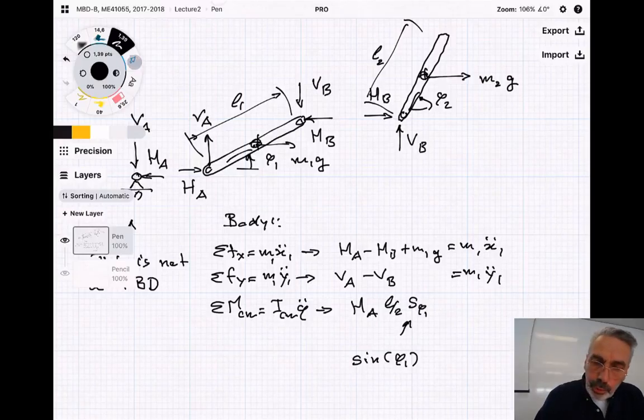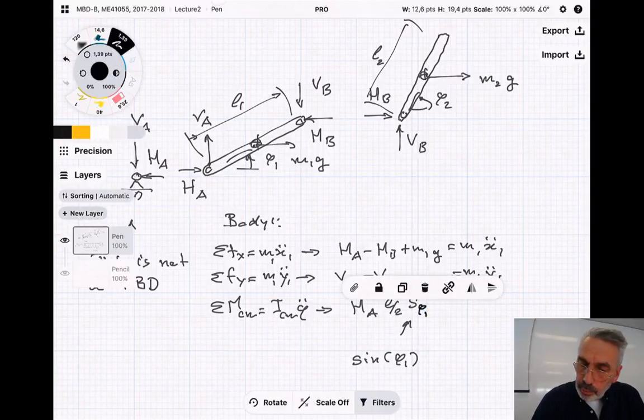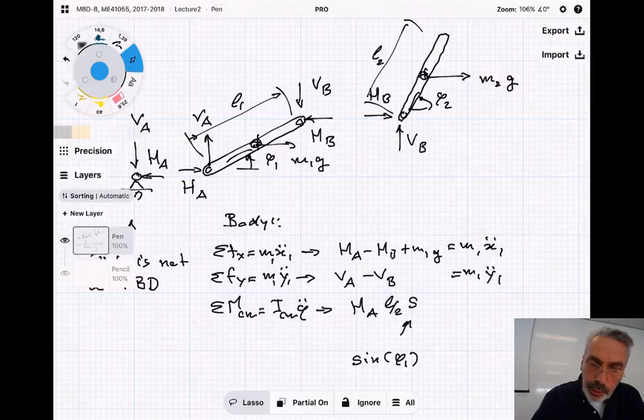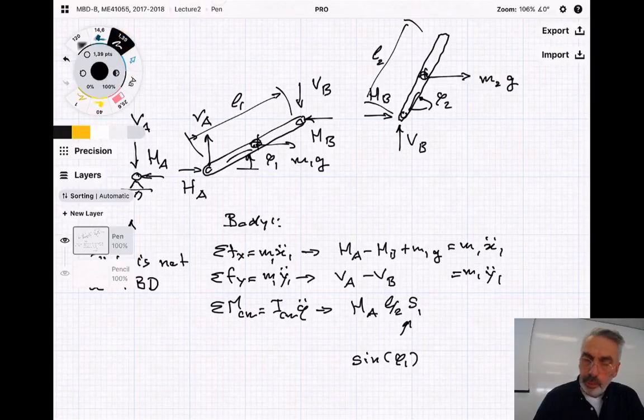I even do it shorter, I always write this S1, shorthand notation for the sine of phi. Now, that's HA, and then HB, is it plus or minus? Plus, same direction for the torque. L over 2 sine 1.